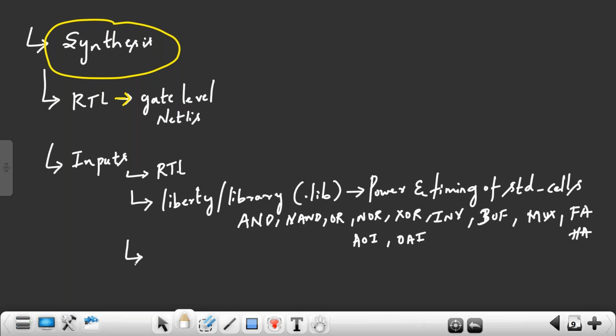The next type of file is SDC, Synopsys design constraints file. You have to give some constraints, right? There is setup and hold analysis, called STA, static timing analysis, that we will do later. To do STA, you require some inputs, called timing constraints. This is not timing information, this is timing constraints.